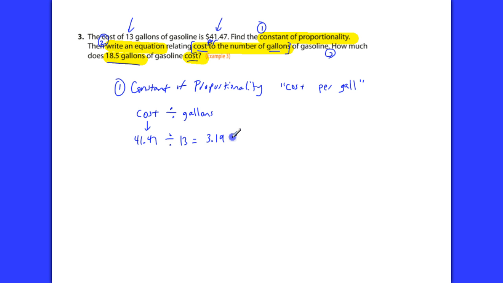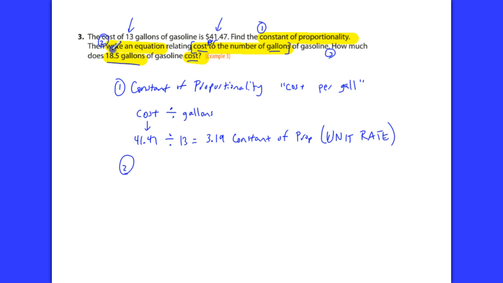Now that's like the unit rate, which is also the constant of proportionality. If you understand unit rate, you can think of it as really the same idea if it is a proportional relationship. If you were buying that many gallons of gasoline, you'd be paying that much per gallon as you go.